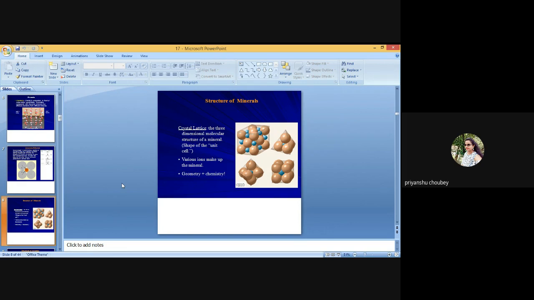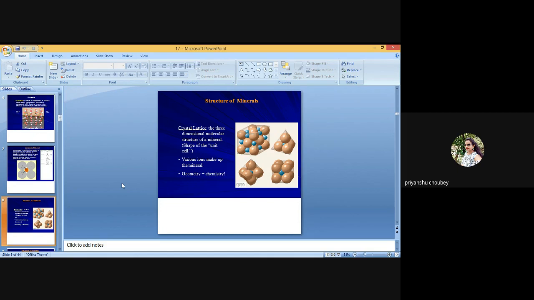After that, crystallographic axis, standard or unit planes and parameters of a crystal, space lattice, the internal structure of a crystal, and we talked about Bravais lattice and Miller indices. So the basic information about minerals is almost completed.